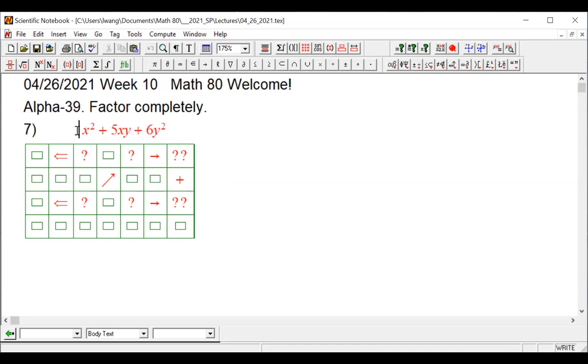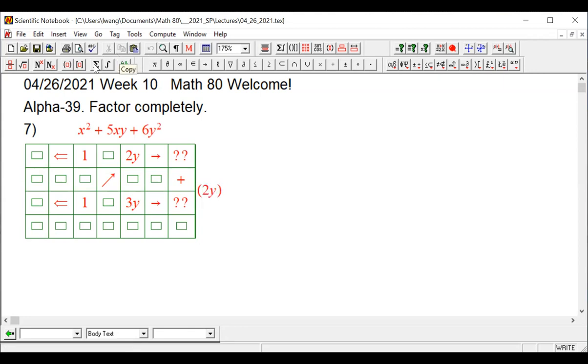For x squared, we're going to have 1 times 1 still. For 6y squared, I'm going to write it knowing I try to match this one, so it's going to be 2y times 3y.